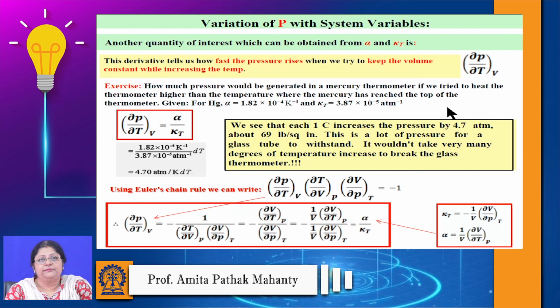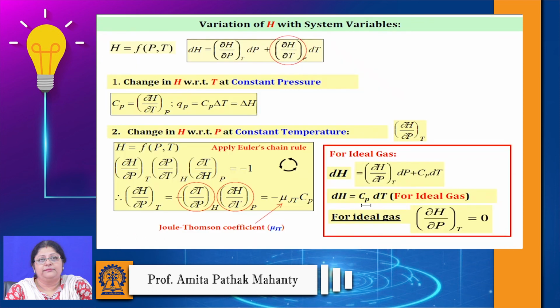So I can find out what is the change in pressure with temperature at constant volume. That will be equal to 1 by this Cp into dV dP at constant temperature. I hope you are following what we are saying.